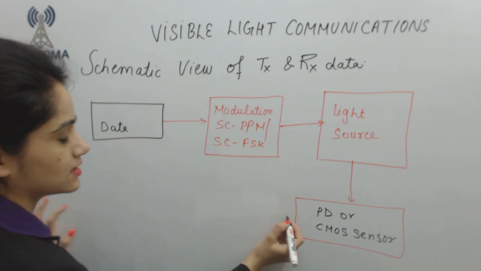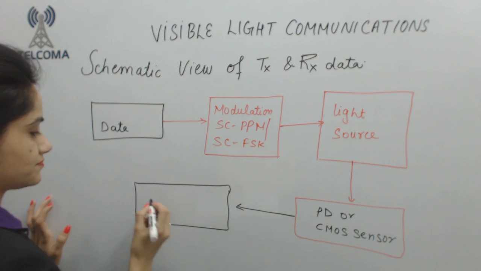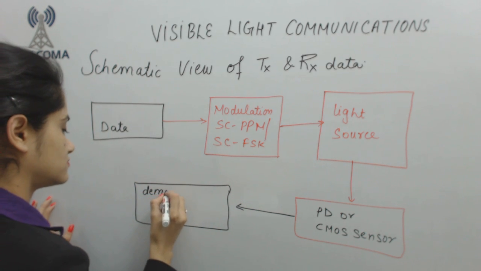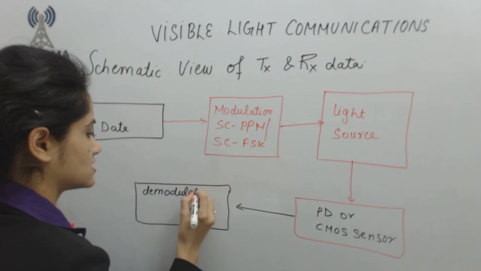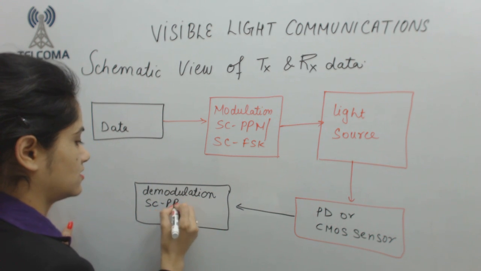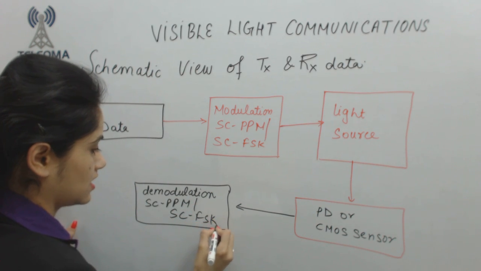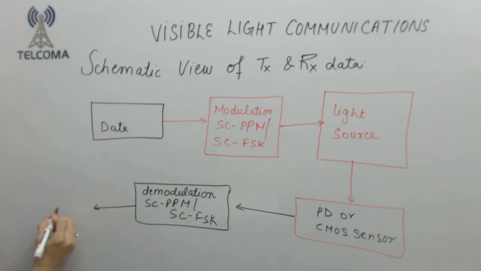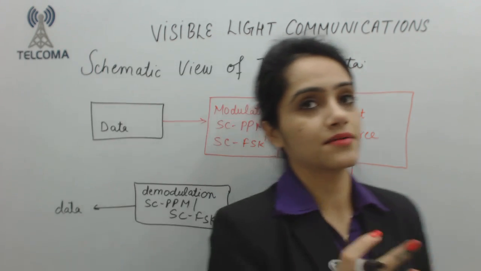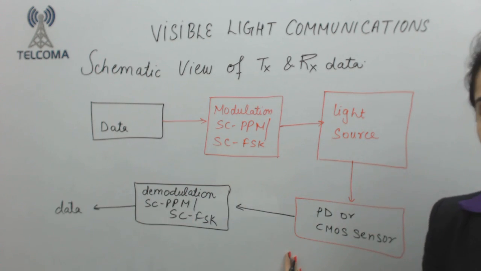Now after that, I require to demodulate data. So the process is demodulation. We can use the methods as stated above. And after that we have data. So this is the complete schematic view of how data will be transferred from one end to another end.